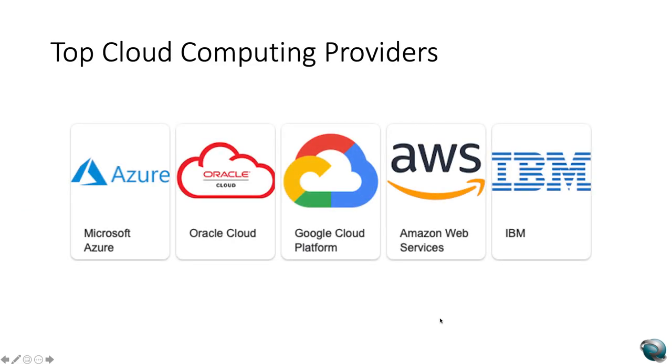What are the top cloud computing providers? In the current scenario, Microsoft Azure Cloud, Oracle Cloud, Google Cloud Platform, Amazon Web Services, and IBM. These five are the major players at this time where you could have extreme scalability, and the scalable option is extremely dynamic in the sense that if you have, let's say, 4 or 5 servers on your data warehouse, but you want to scale out to 50 or 500 database servers, you could just do it instantaneously.